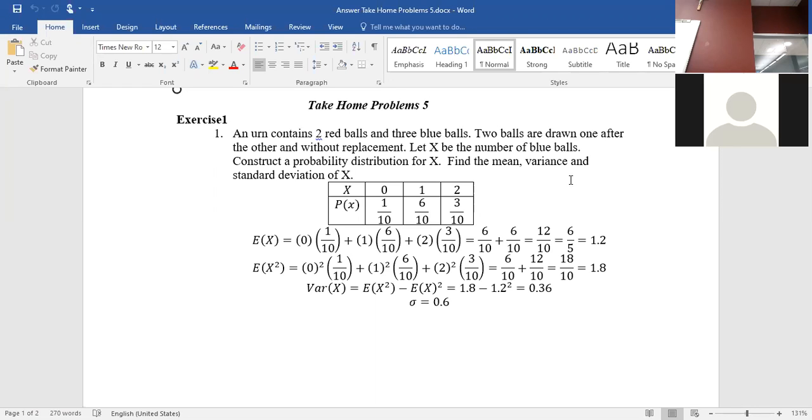Here we will have 3 over 4 and 1 over 2. So this is what we are interested in. Both are red. First red, second red is 2 over 5 times 1 over 4, which is 2 over 20.